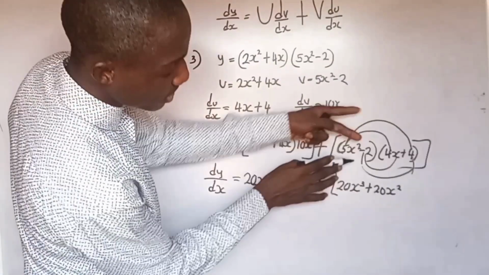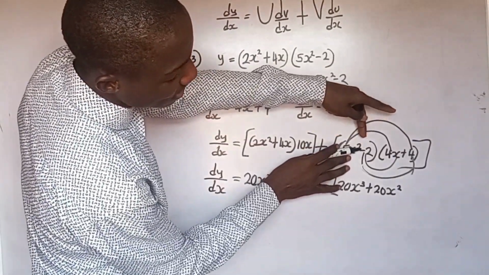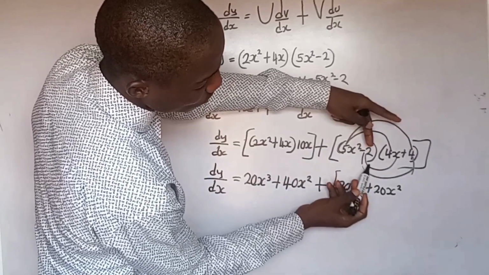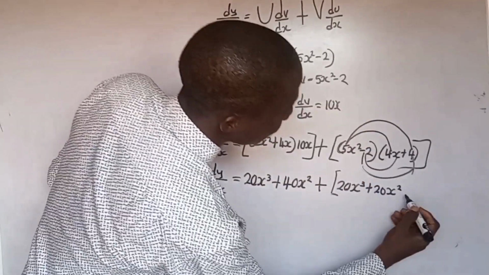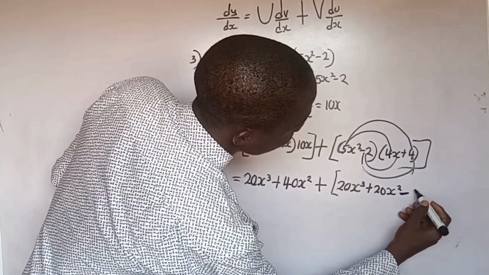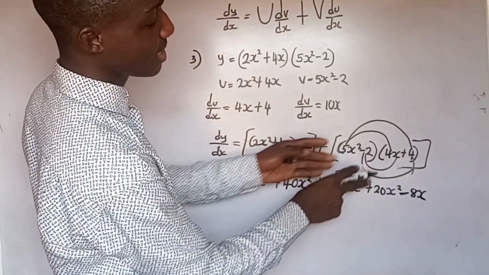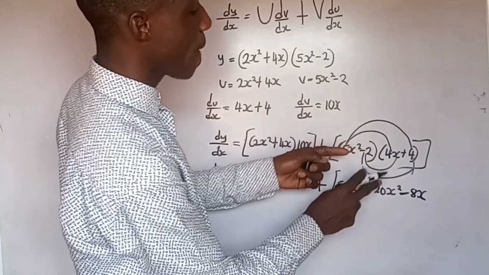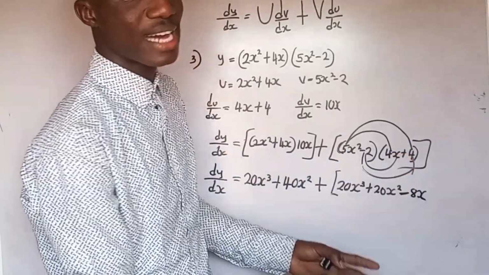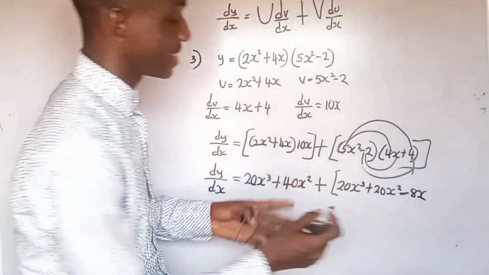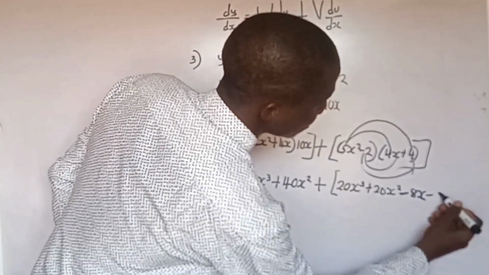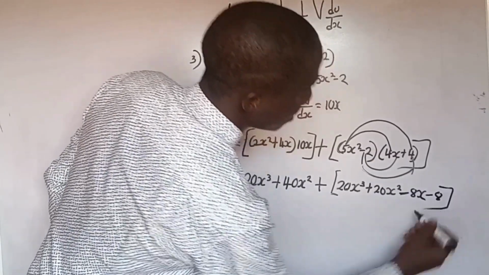Now, let us proceed. Minus 2 multiplied by 4x, that is minus 8x. Minus 2 multiplied by plus 4, that is minus 8. So here I'm going to have minus 8, all in the bracket.